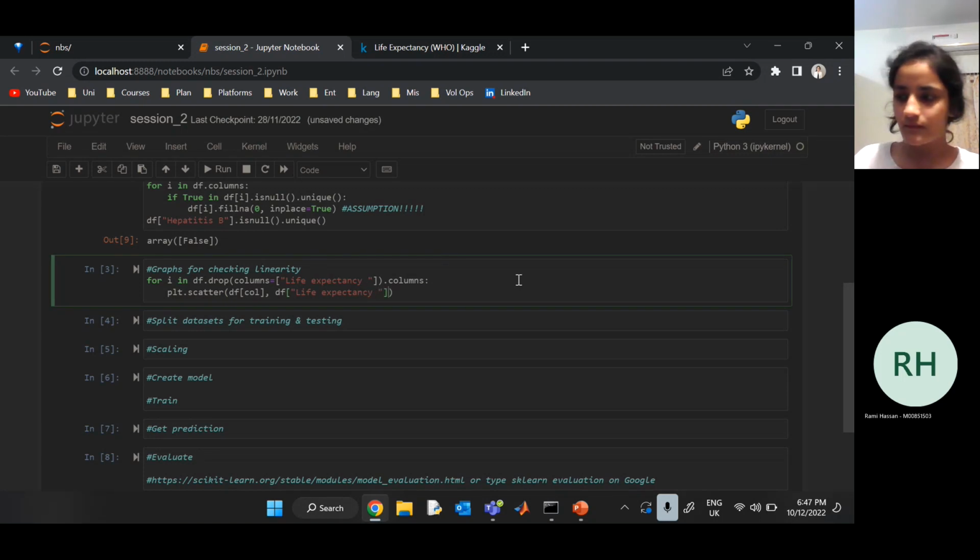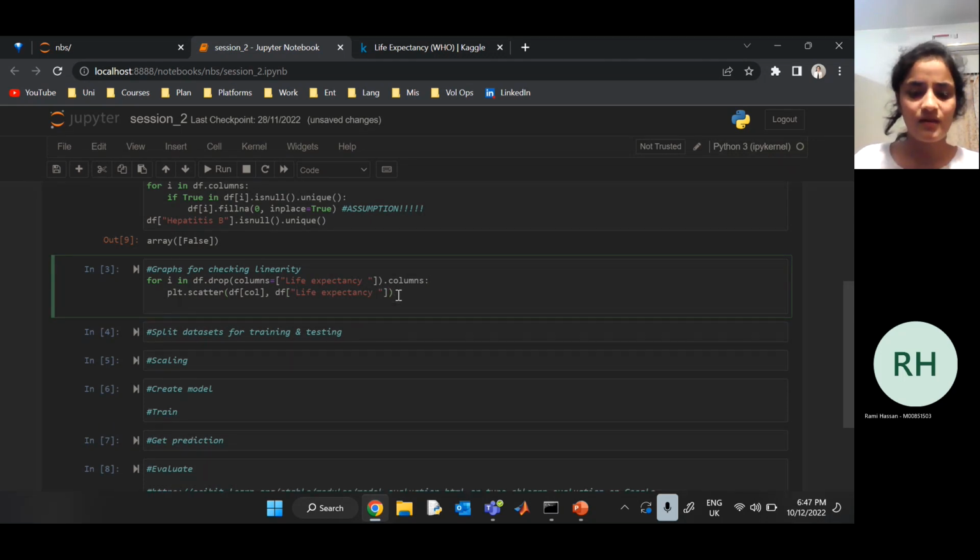So I gave it X and Y, and now I'll just add labels to it so we can see which one is which. If you remember the functions, it was xlabel and ylabel. So for xlabel, I'll give it that particular column. I is going through each column, right?